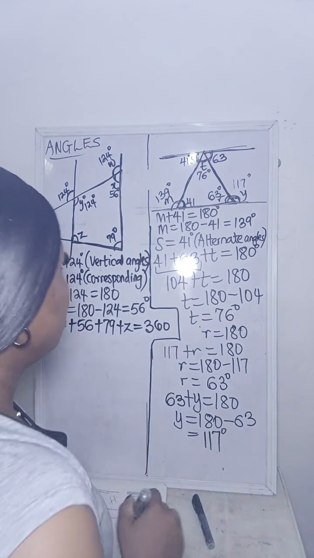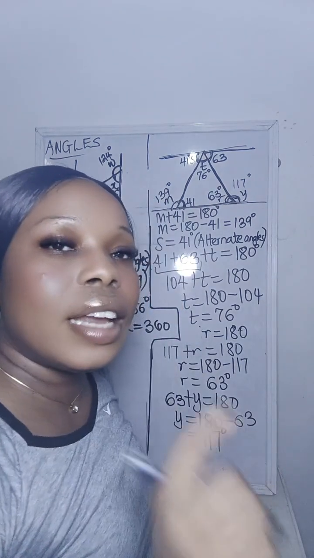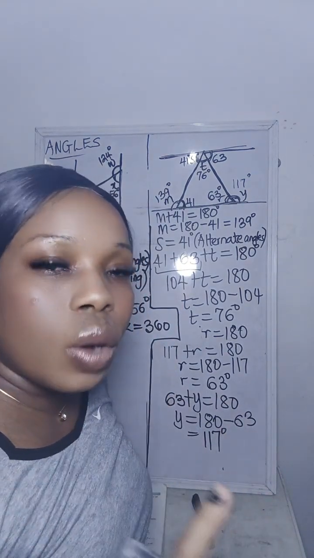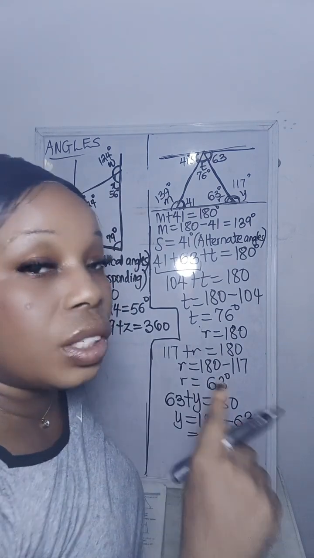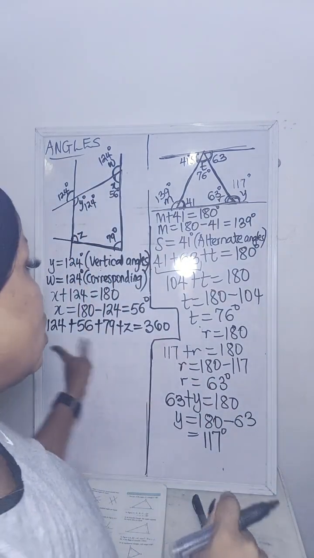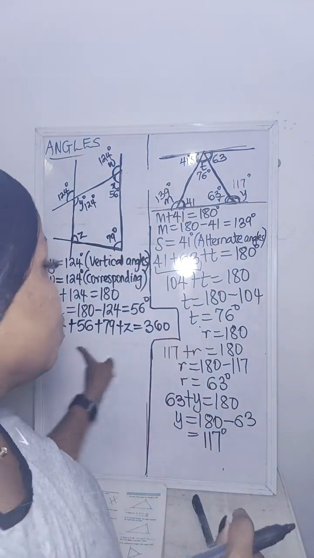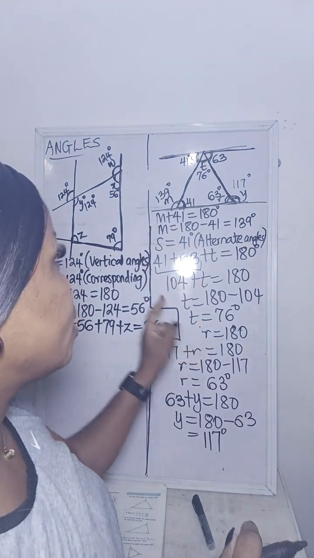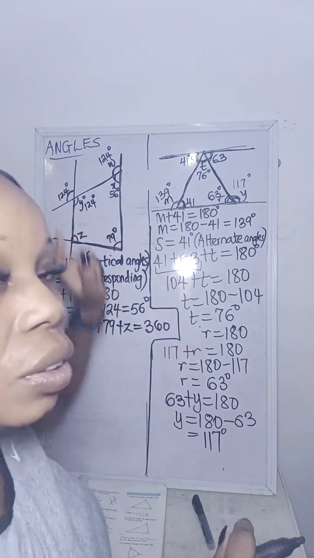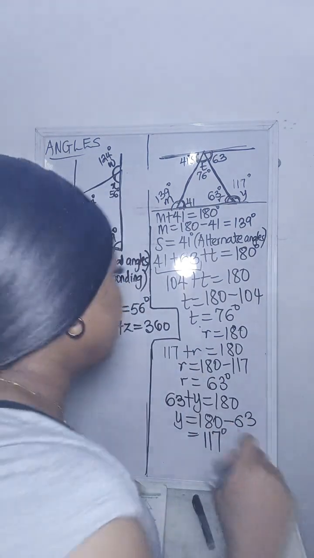That is the reason for this equation here. They all sum up to 360 because the sum of angles in a quadrilateral equals 360.